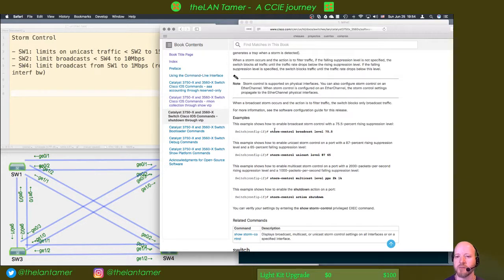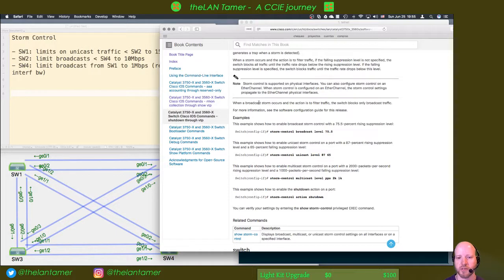I think that's important to know. If the falling suppression level is not specified, the switch blocks all traffic until the traffic rate drops below the rising suppression level. If the falling suppression level is specified, the switch blocks traffic until the traffic rate drops below this level.